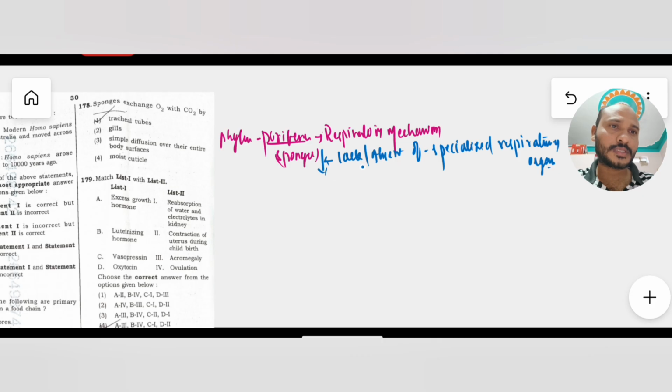So if they lack specialized respiratory organs, how does the respiratory mechanism take place in Porifera like sponges?